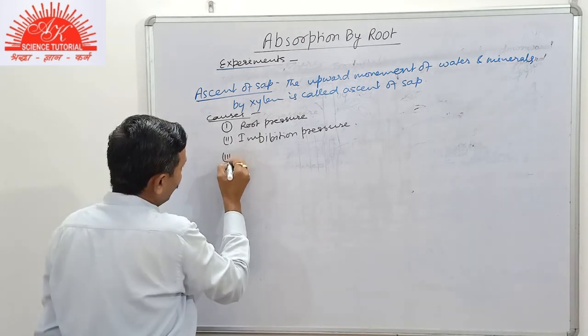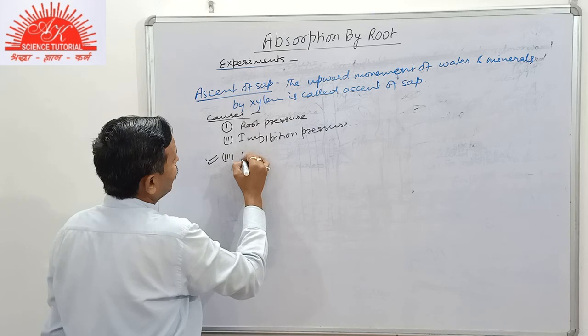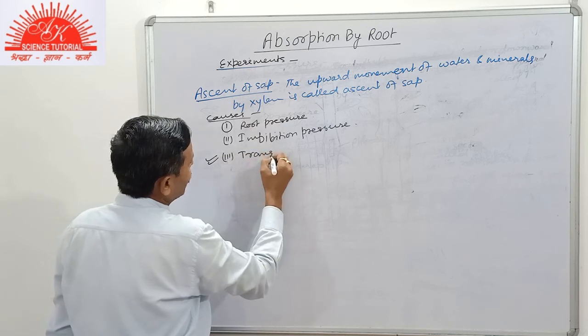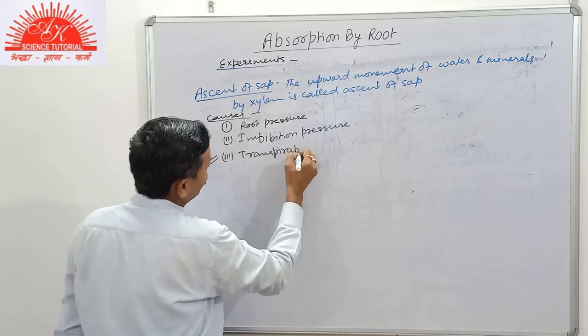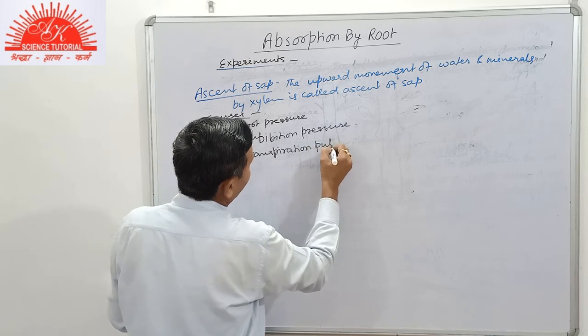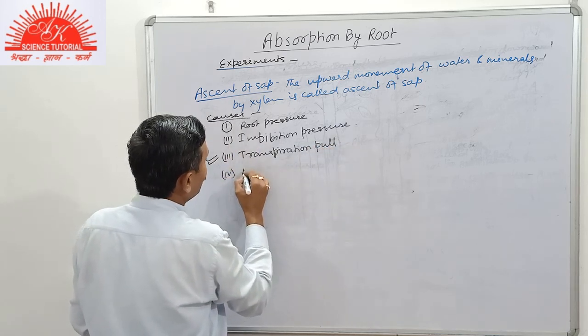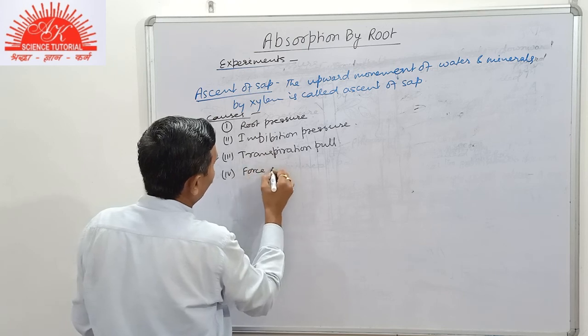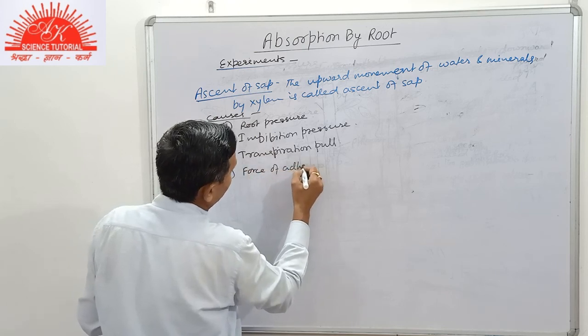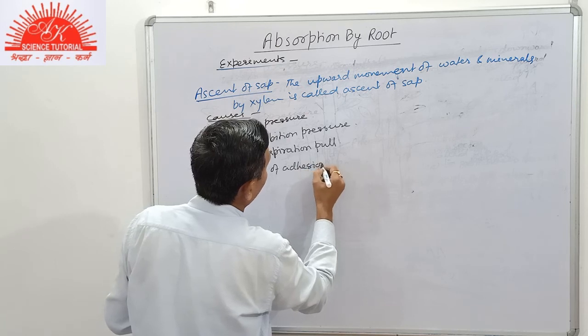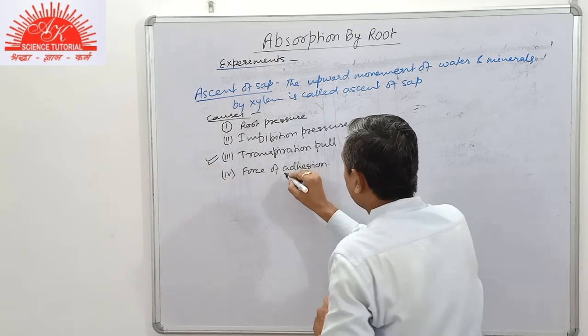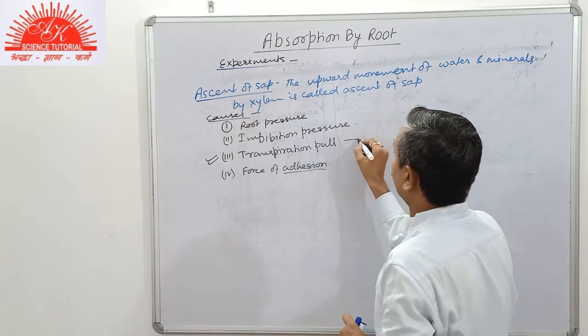The most important part which we have to study is called transpiration pull. And lastly, it is the force of adhesion. Now, here we will study the force of cohesion.